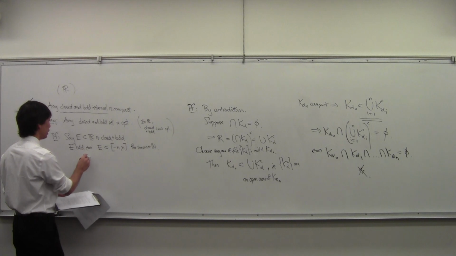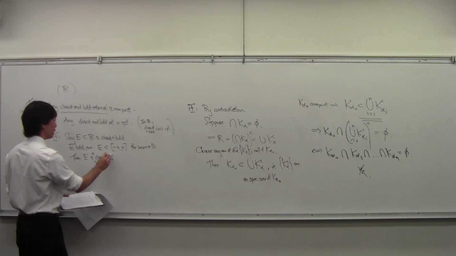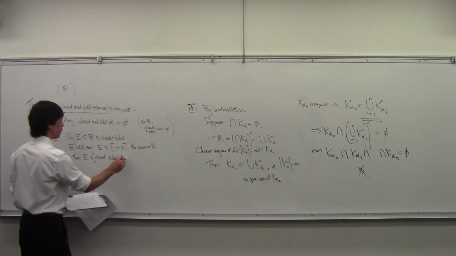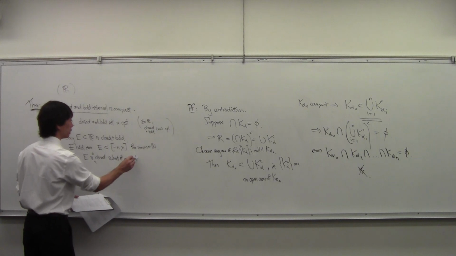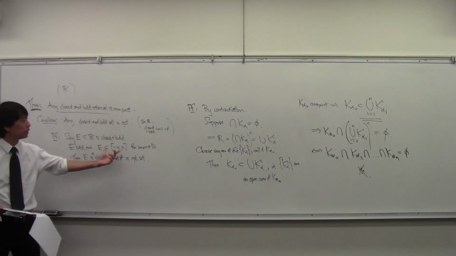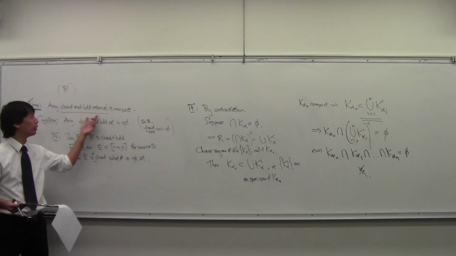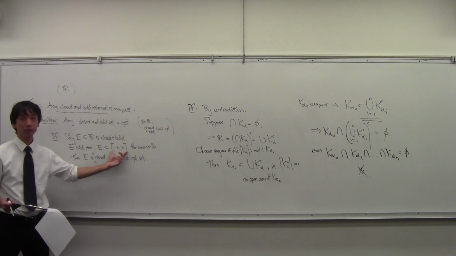But then E is closed, and E is a closed subset of a compact set. By the theorem, this is compact. The theorem we're going to prove in a second is any closed and bounded interval is compact.